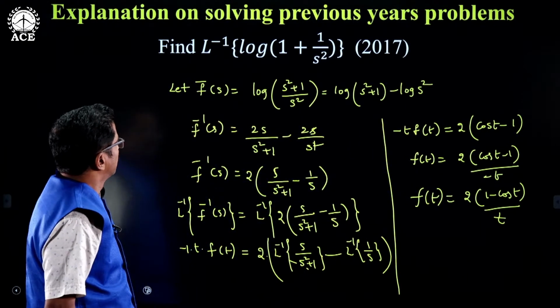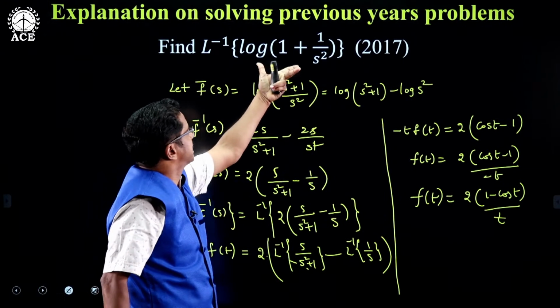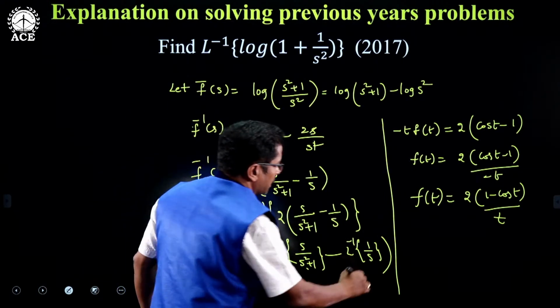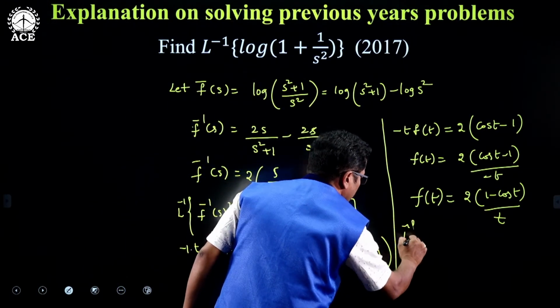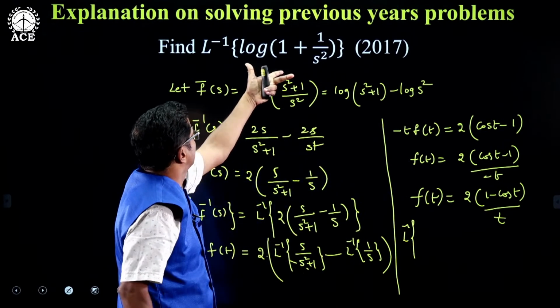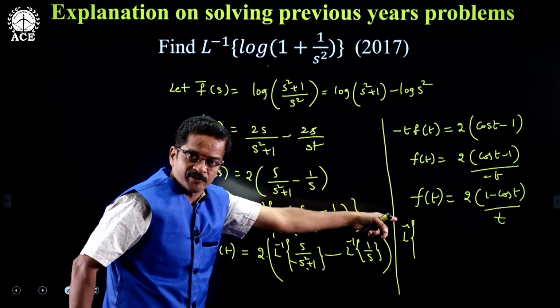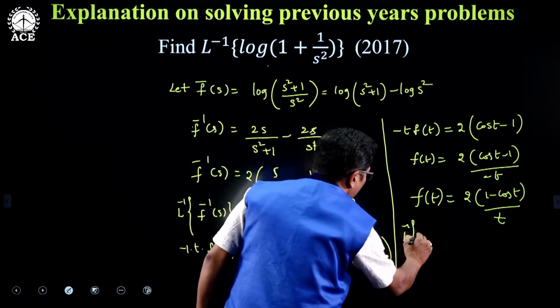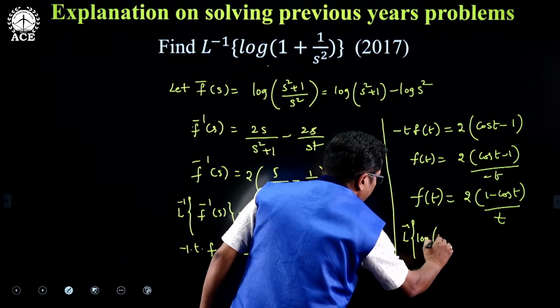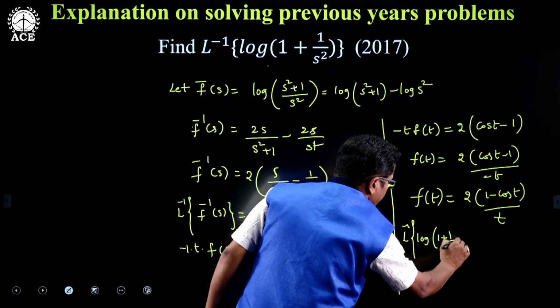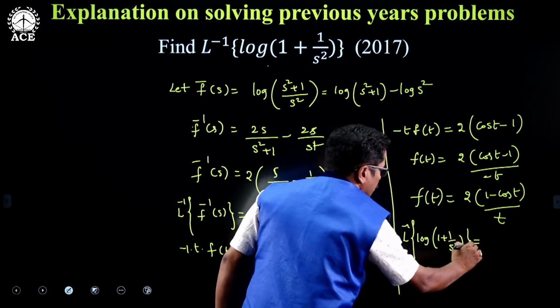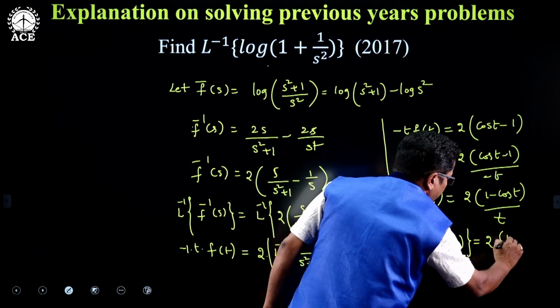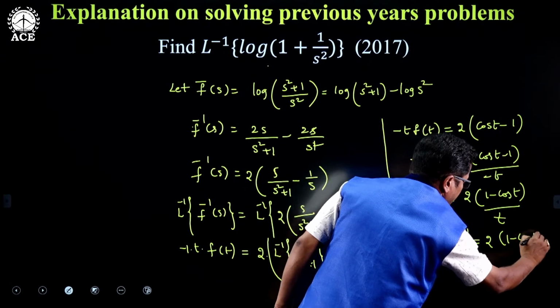I have taken this as f bar of s, so L inverse of f bar of s is f of t, which means L inverse of log of 1 plus 1 by s square is equal to 2 into 1 minus cos t by t.